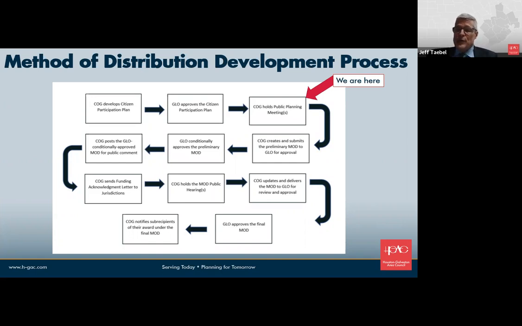After we hear from you tonight and tomorrow, more on that in a minute, we will create a preliminary method of distribution that the GLO will either conditionally approve or tell us of any necessary revisions, and ultimately, only once that has been conditionally approved will we be permitted to seek public comments on the actual formula.